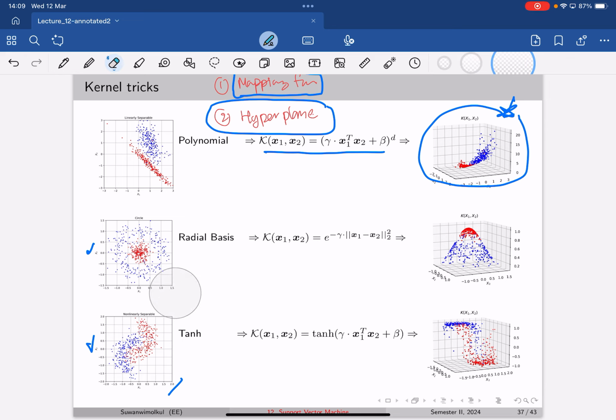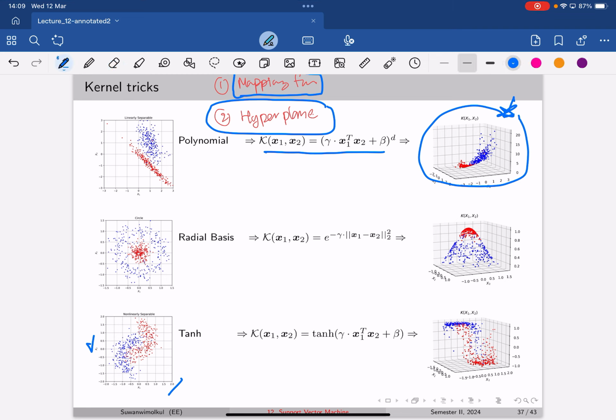Perhaps this example will be better. If you have a donut shaped data clustering, where one class, the blue class, is the one outside, and the red one is the one inside, how can you separate the red from the blue?